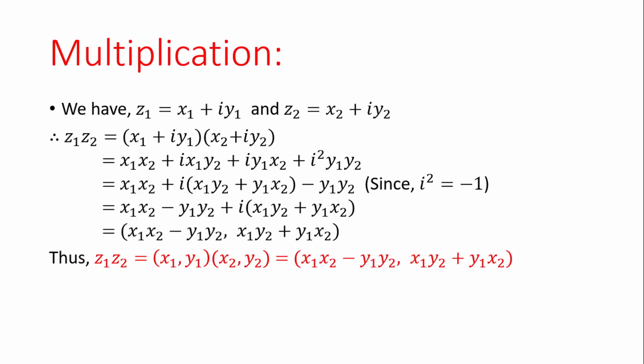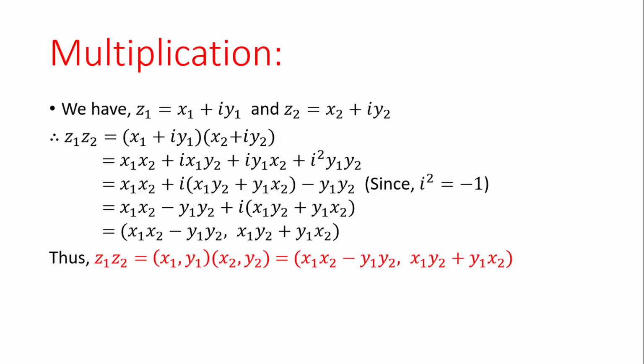After solving this, that means X1 into X2 plus iY2, plus iY1 into X2 plus iY2. So in this way, it is X1 X2 plus i X1 Y2 plus i Y1 X2 plus i square Y1 Y2.